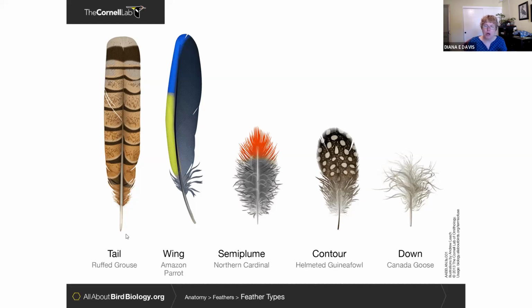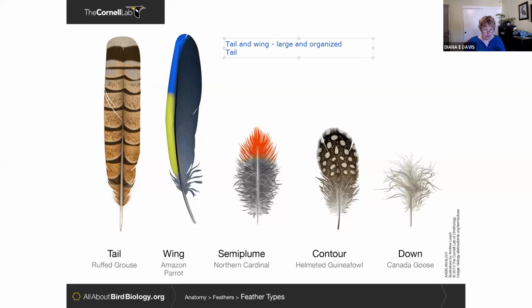But most birds, tail and wing feathers are large and organized. Large compared to the size of the bird and the size of the other feathers.